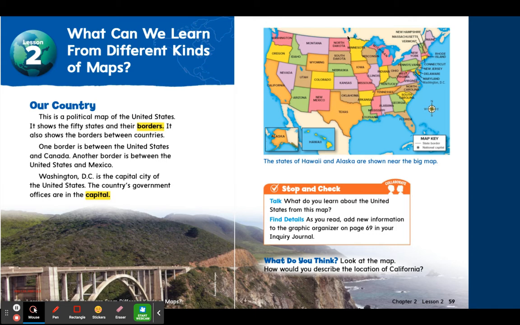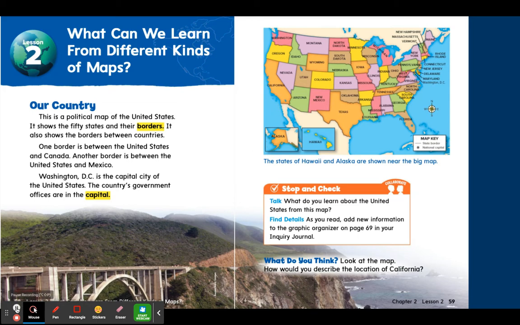This is the border from Canada and the United States. When they're talking about the borders between the United States and Mexico, they're talking about this line right here. This is all the United States with different states, but this is the border to Mexico.